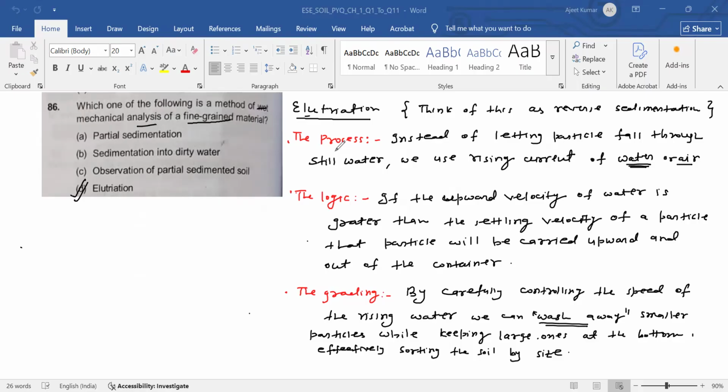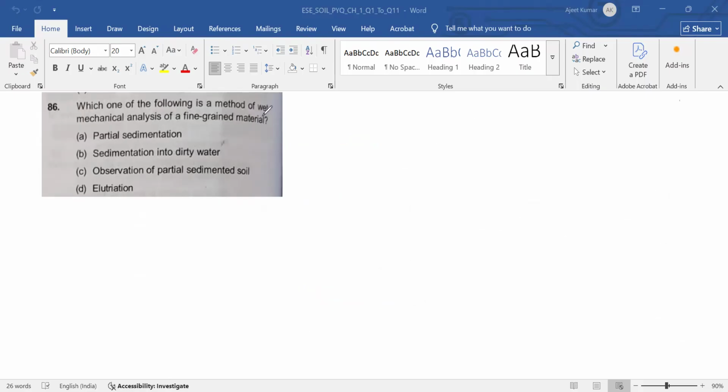One of the methods is elutriation, and the next method is decantation. What is decantation? Let us understand it.